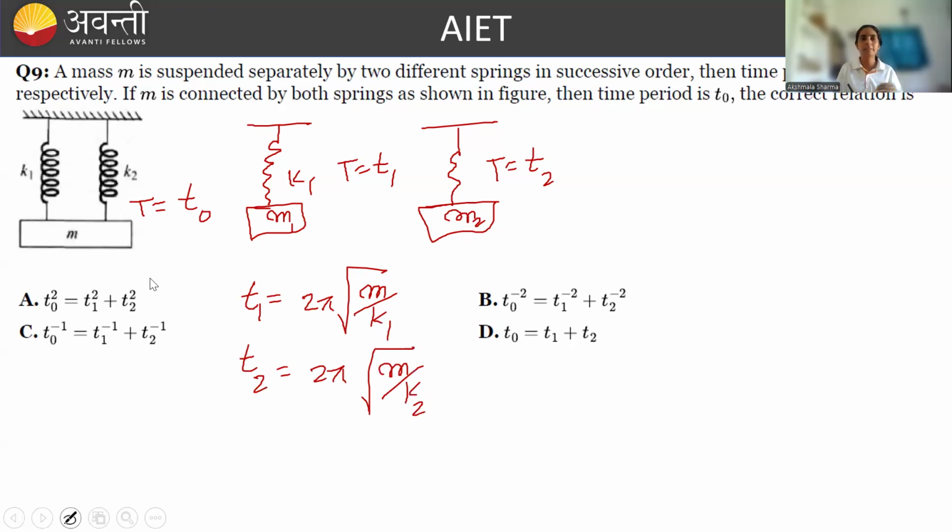Now the question is कि यहाँ जो दो स्प्रिंग साथ में है वो सीरीज में है या पैरेलल में. So if you have studied this from me, then I must have discussed सीरीज और पैरेलल चेक करने का तरीका क्या है. You simply displace the mass by a certain distance, suppose by x. Then K2 will also get displaced by x, K1 will also get displaced by x.